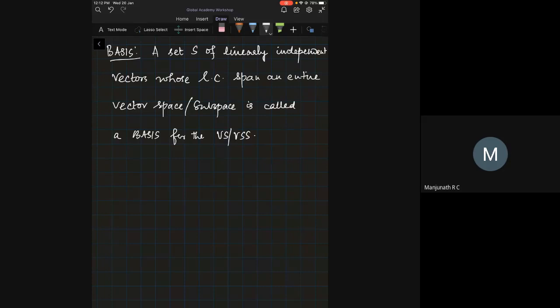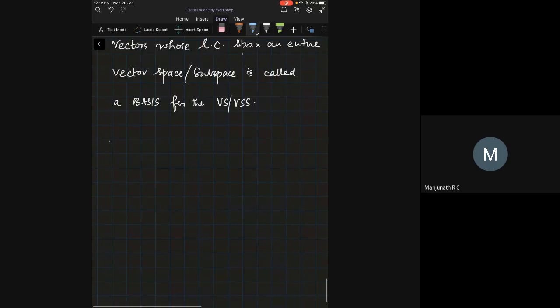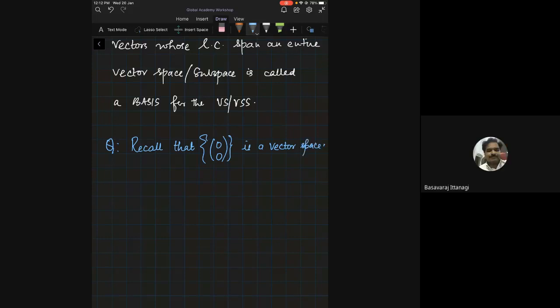Is this clear? Now I'm going to ask a question. Recall that this is a vector space. Is that right? What is the basis for this vector space?